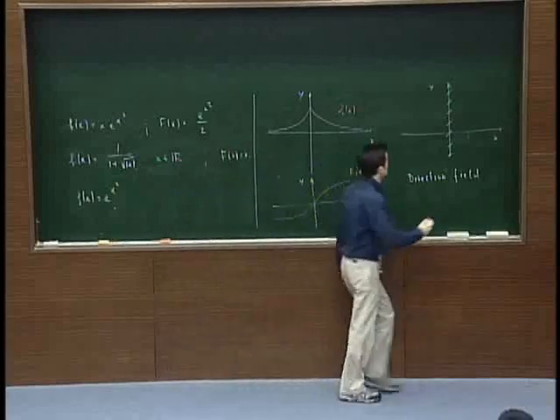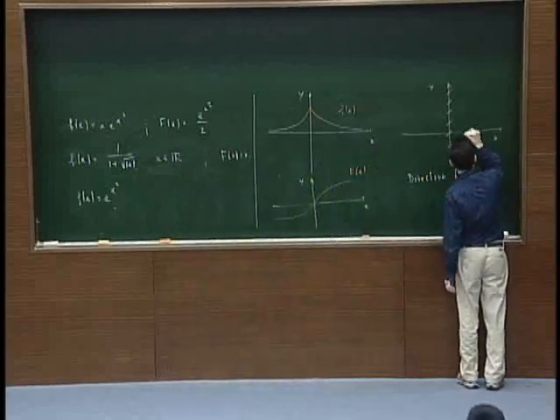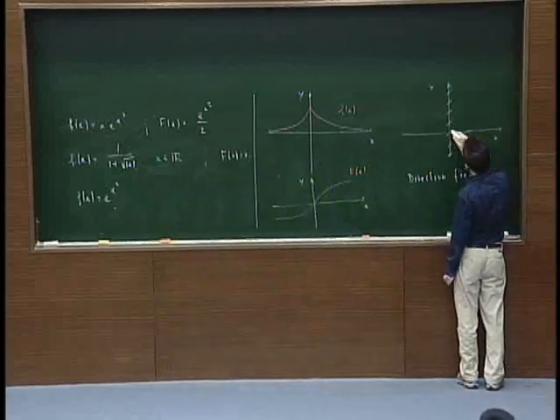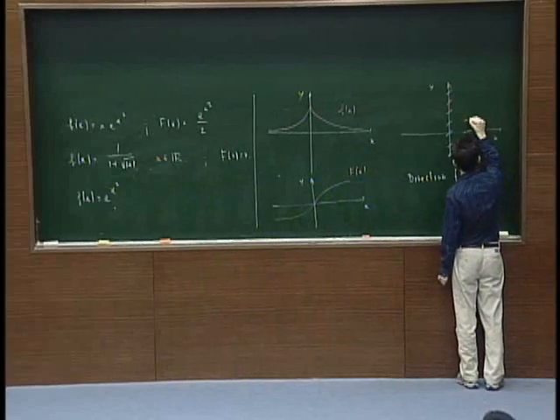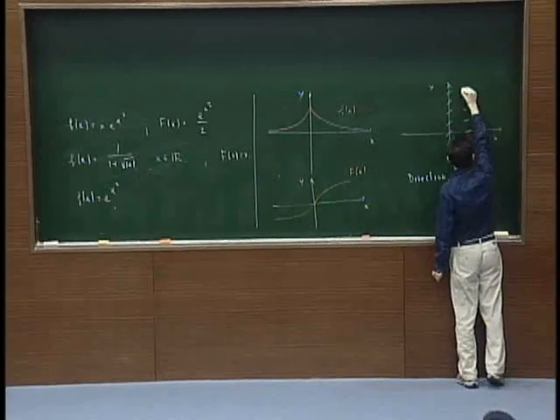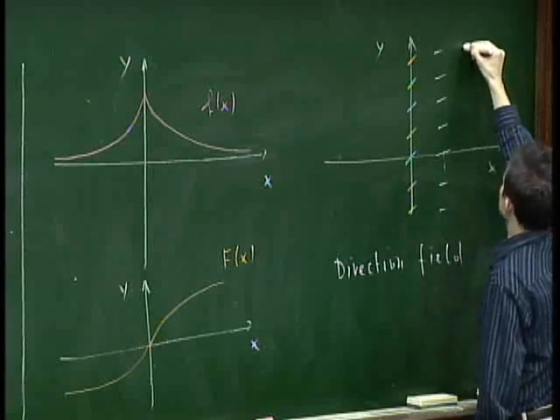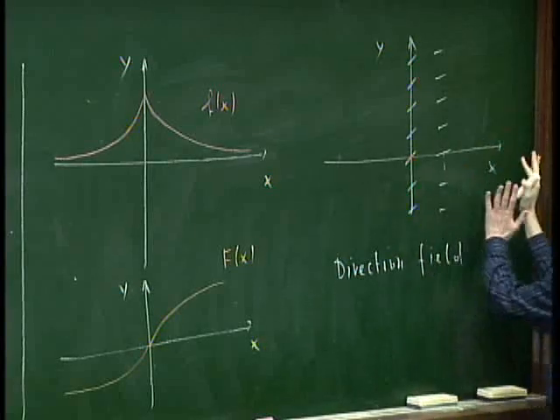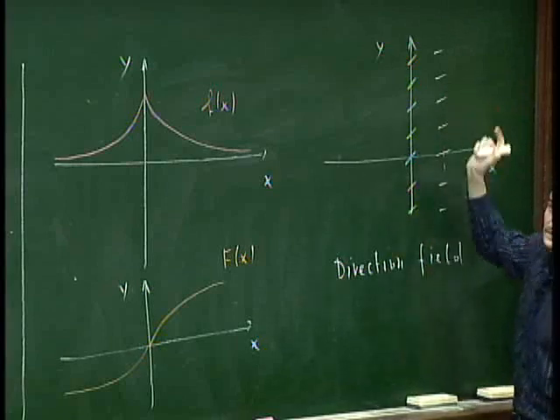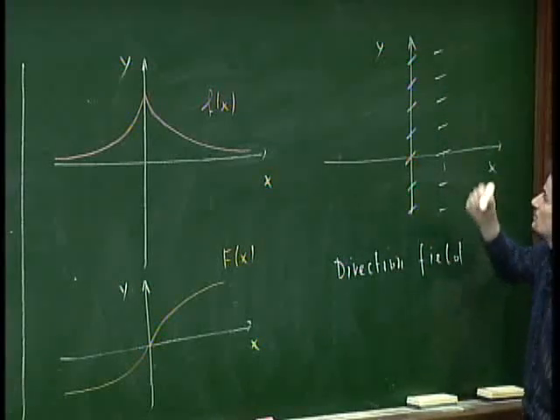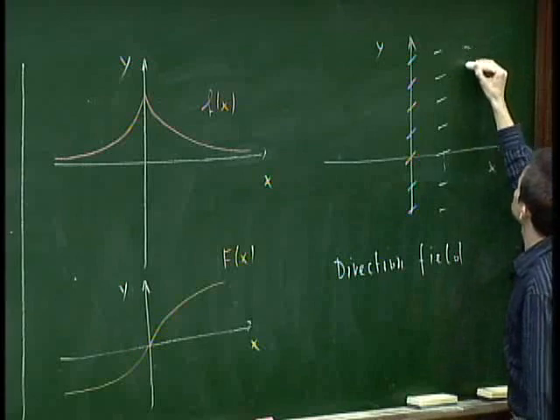So you have something like, it's getting a little bit less steep than this one. And as x is getting larger and larger, the slope here is tending to 0. So maybe here you have something like this.